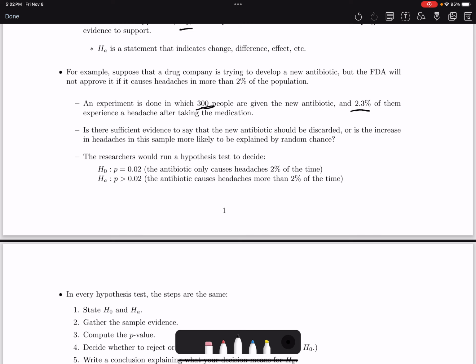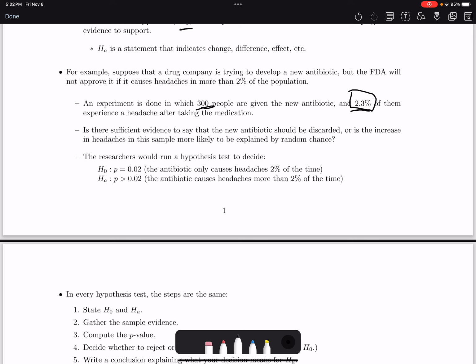But the question is, is it possible that the increased proportion is just due to random chance and really the antibiotic is safe to take? Or is the antibiotic possibly causing more headaches than the FDA can allow? Is there sufficient evidence to say that the new antibiotic should be discarded, or is the increase more likely to be explained by random chance?